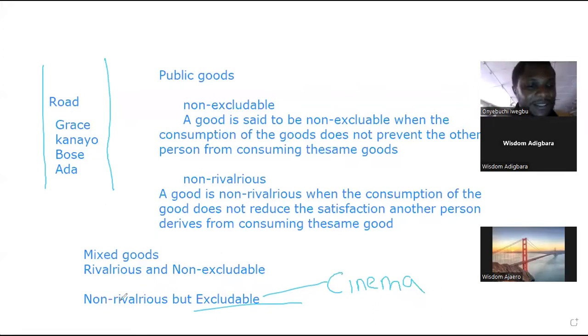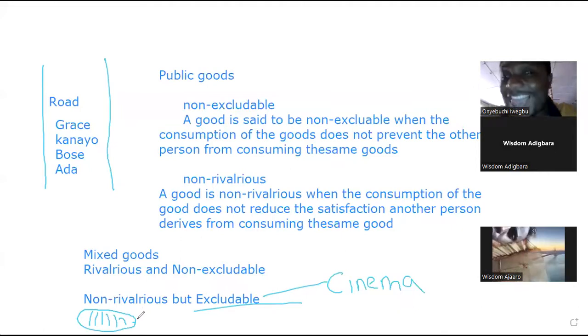But the moment Kanayo, Grace, Bright, Ada, Bosse, Buchi, the moment six of us enter the cinema and begin to watch the film, the enjoyment I derive will not prevent Grace from enjoying the same. I can be laughing and watching, and Grace will also be laughing and watching. That's a typical example, cinema.